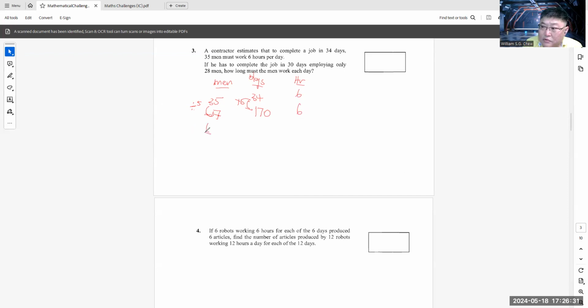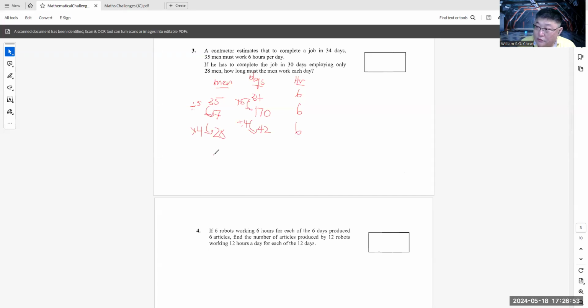Now I say I want to increase to 28. How to get there from 7 to 28? I times 4. So if that's the case, this is inversely proportional, so it will be divided by 4. So 170 over 4 will be 42.5, and 6 hours.